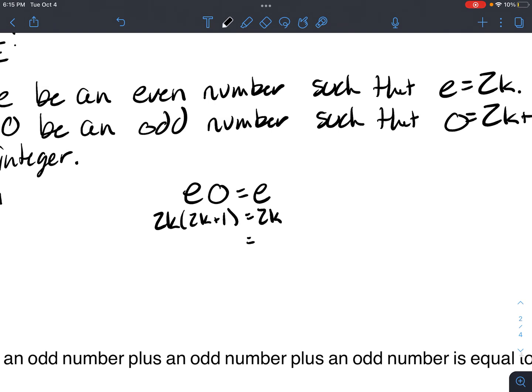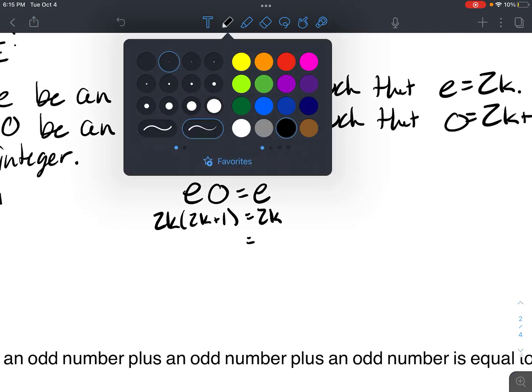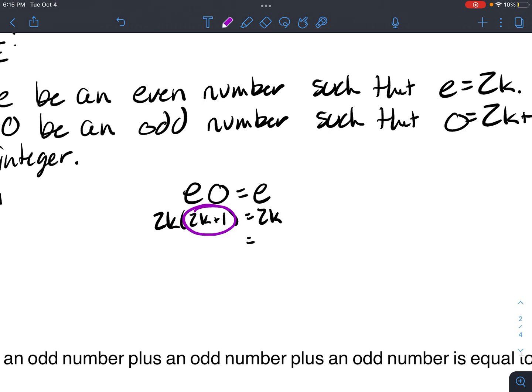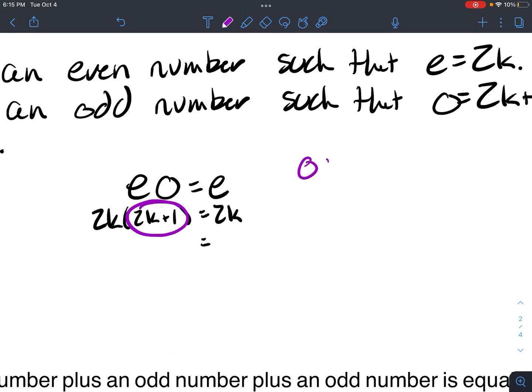We can say that because this is an odd number, correct? And we know that odd numbers are integers. We could just name this 2k plus 1 as an integer. So we could do this in two separate ways. So let's do it this way first.